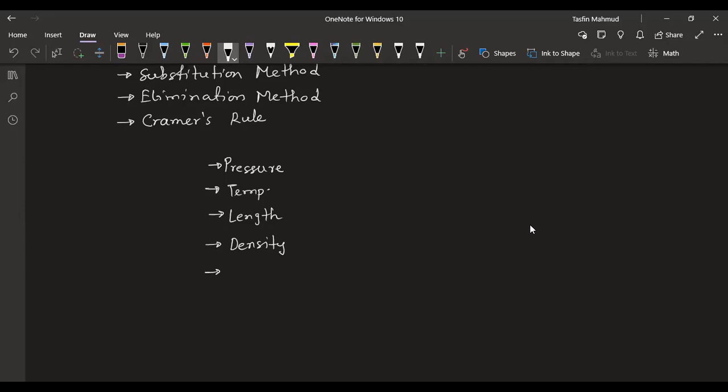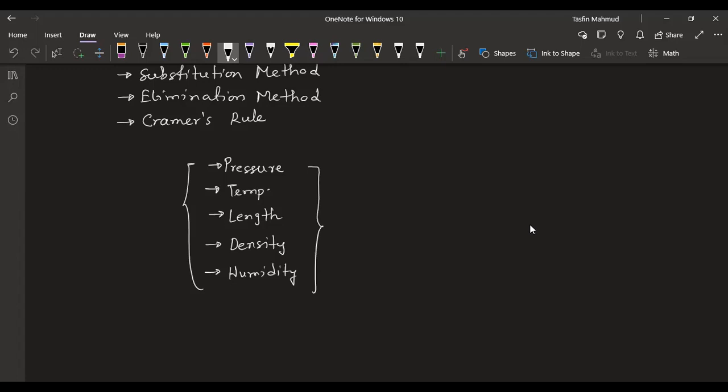So you have performed some experiment, and after performing it you have got the relation between them.